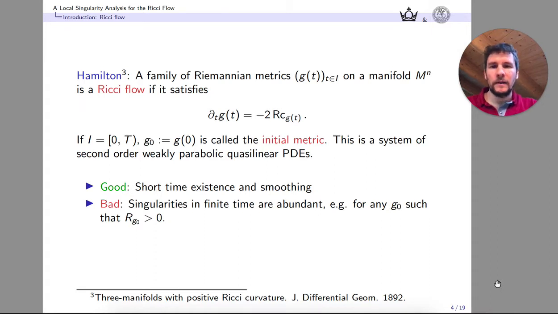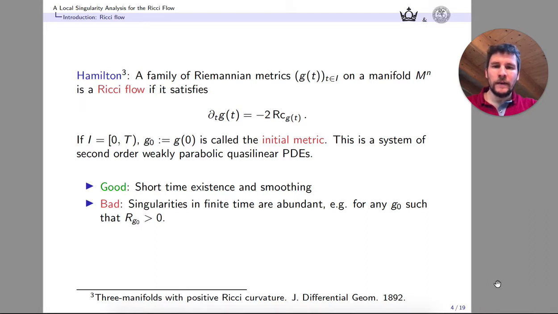So we can start the flow with certain manifolds or orbifolds or metric spaces as good initial conditions, and we have some smoothing of the curvatures.